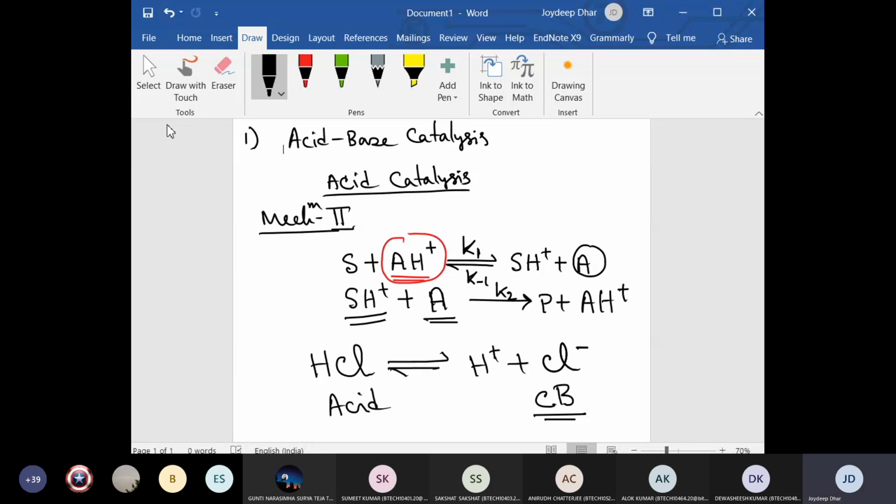So just now I have discussed whatever the two parts, both are based on acid catalysis. Any question? Otherwise, I will move to the most important topic, which is enzyme catalysis.